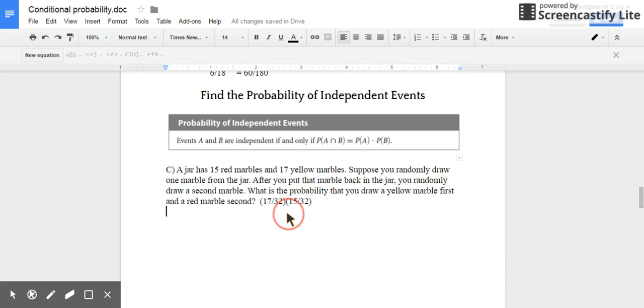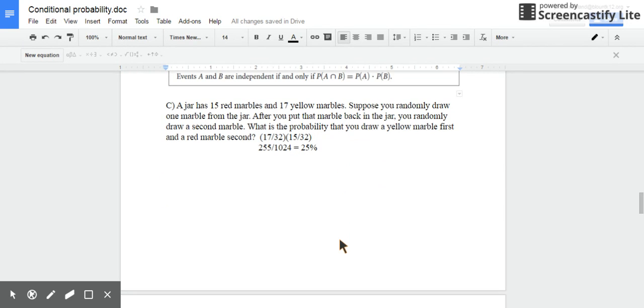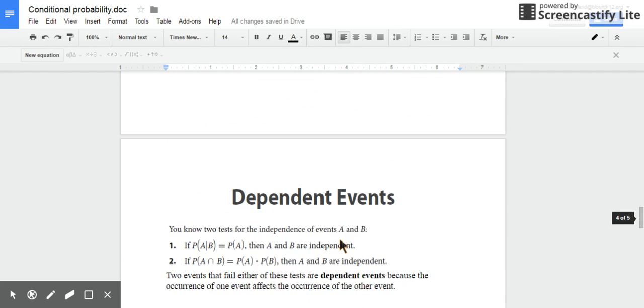Once we multiply those two together, what you get is 255 over 1024, which is equal to about 25%. So you've got a chance of 1/4 of getting first yellow and then red. So 1 in 4 chance, roughly.